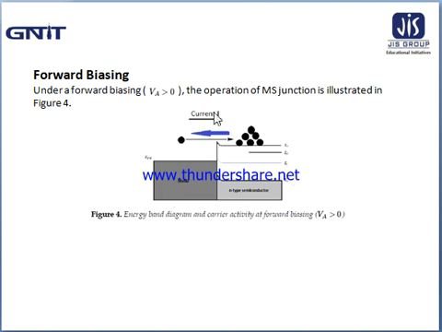There will be more electrons diffusing from the semiconductor towards the metal, and then the electrons drifting into the semiconductor. A positive current will be generated across the metal semiconductor junction.